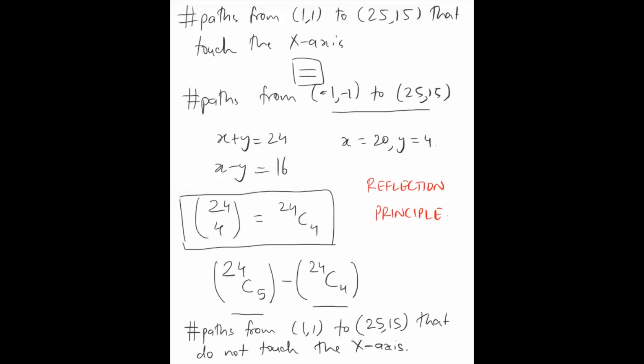Okay. And this is the main point of this lecture. So I'll just recap this, because what comes next is I'm going to use the logic that we used in the reflection principle in a couple of different places.